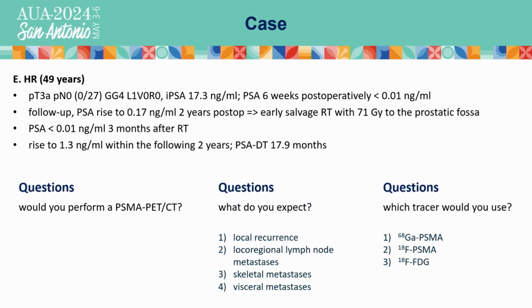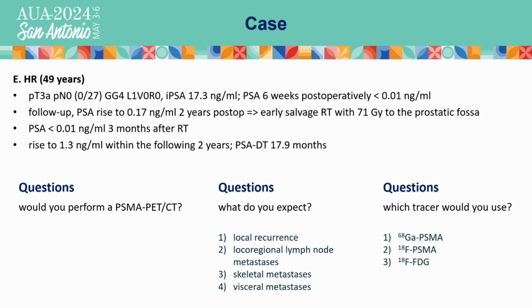So the question is, first, would you perform a PSMA PET CT scan in this situation? I guess everybody would do it, as we have discussed in the previous discussions. The question is, what would you expect in this situation? You have heard from Jeff and also from Dr. K, you should only do a PSMA PET scan if this will influence your treatment.